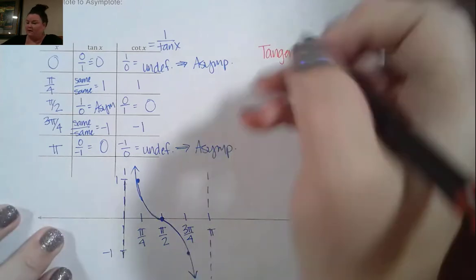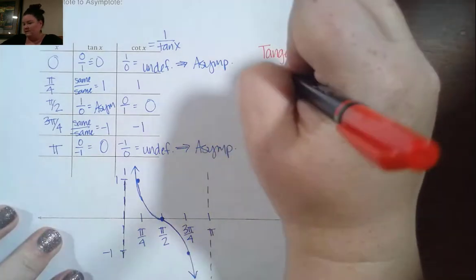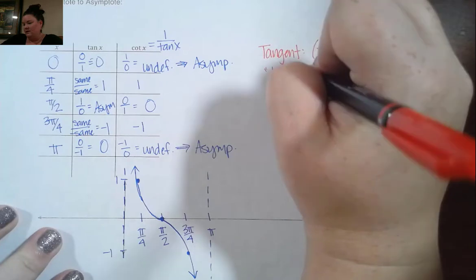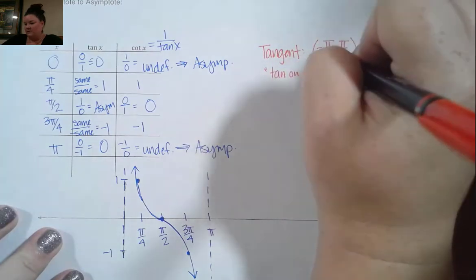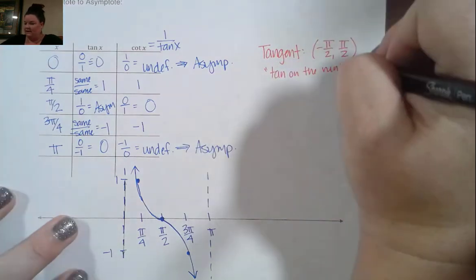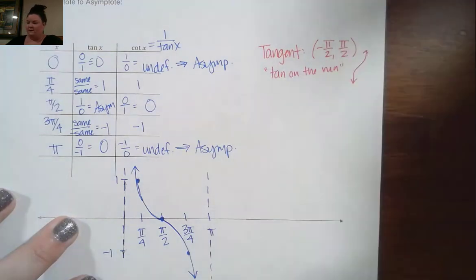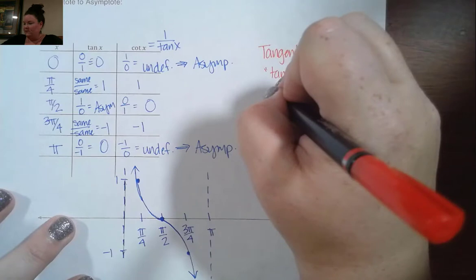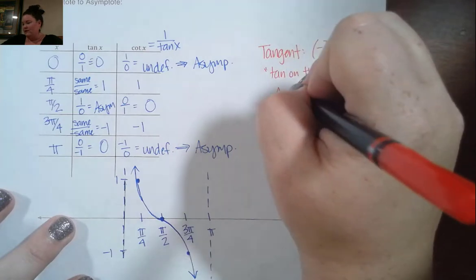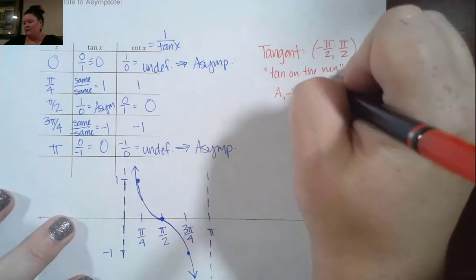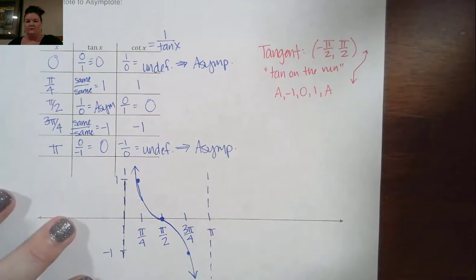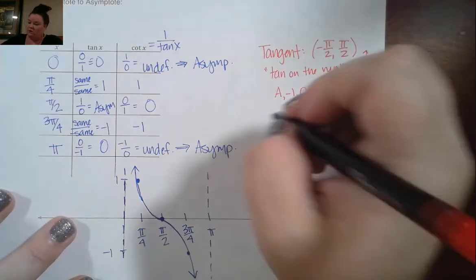And we call this one tan on the run, right? Because it curves up. Sky is the limit, right? So we go from an asymptote to negative 1 to 0 to 1, and then we end with an asymptote, right?